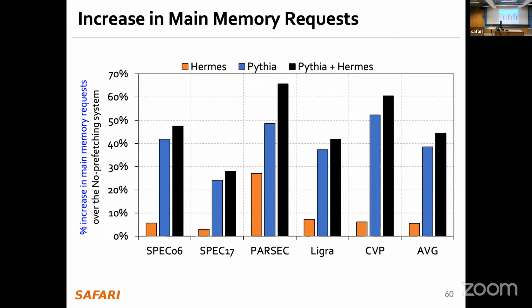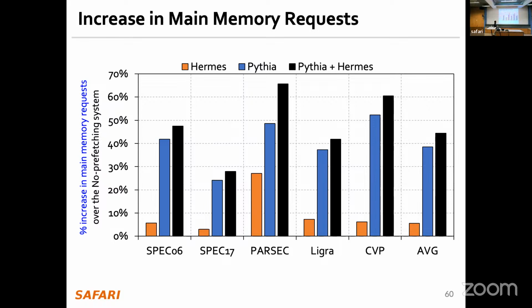Then I'm sending a request to DRAM unnecessarily, right? And fetching the data from the DRAM creates a latency problem on the DRAM side. That also increases the DRAM bus traffic, which is also energy, right? So that's something we need to consider.